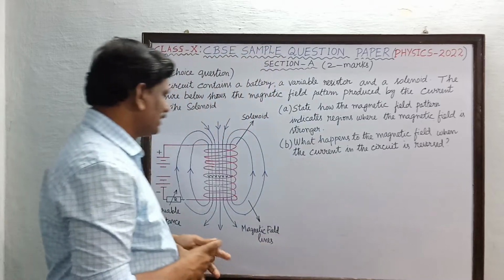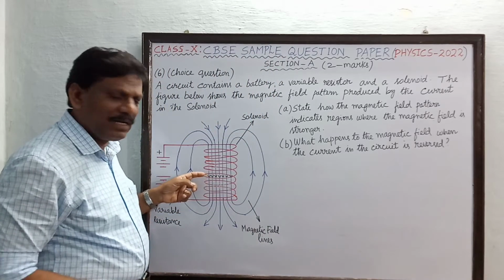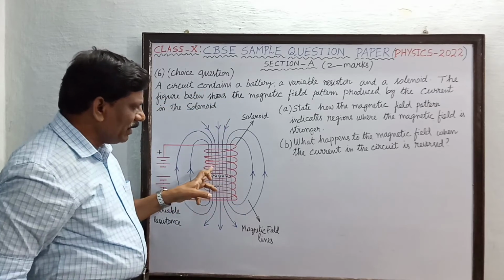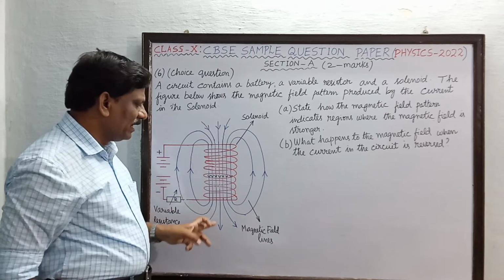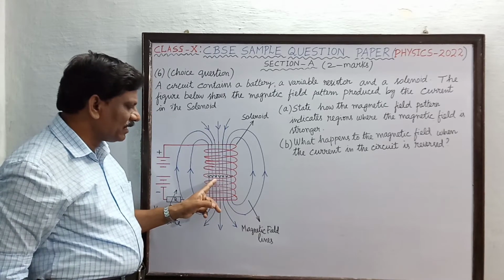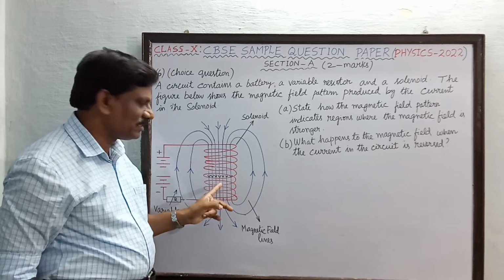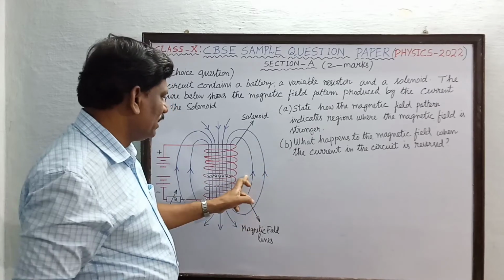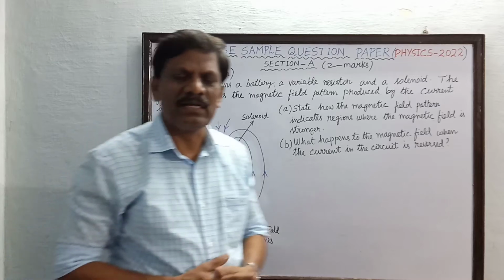So it is represented by horizontal lines, or in this direction, vertical lines, along the axis. You can see that these are the magnetic lines of force which are parallel and very close to each other inside the solenoid, but they are spread a little far in the outside space of the solenoid. This we have studied in the regular class.